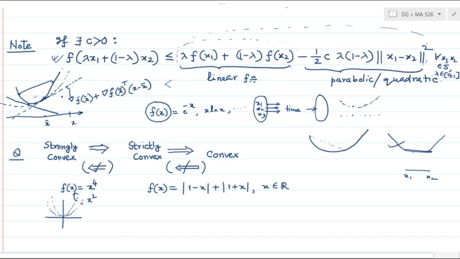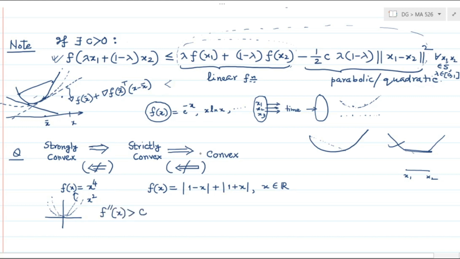And why not a strongly convex function? For that we need to derive a little. Although there is a parabola lying below the graph of x to the power 4, still this is not a strongly convex function, because, as we will learn later, for a strongly convex function the second derivative of the function must always be greater than the constant c.